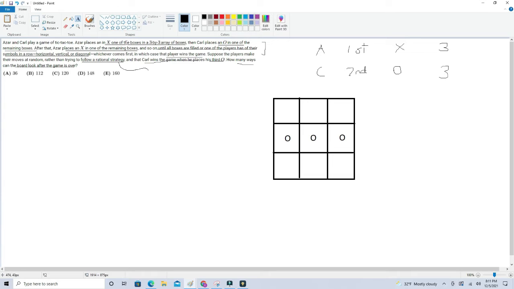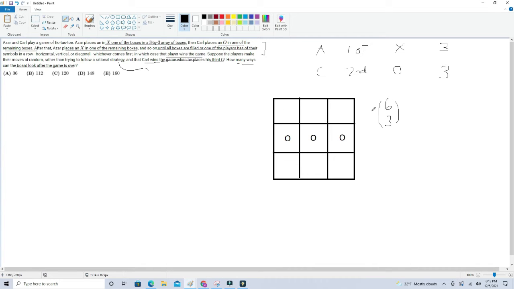So the number of ways that we could put these 3 X's in the remaining 6 cells would just be 6 choose 3. That's the total number of ways we could put 3 X's in these 6 cells. We're going to take 6 of these cells and choose 3 of them to put the X's.